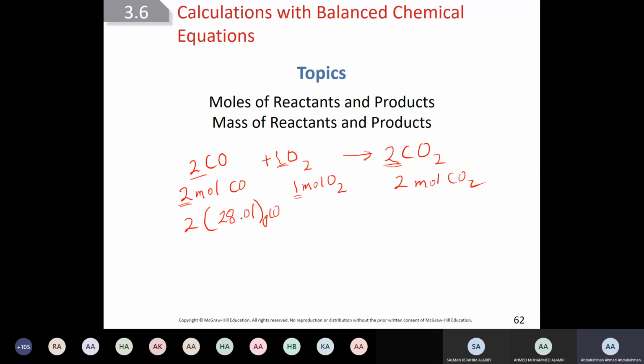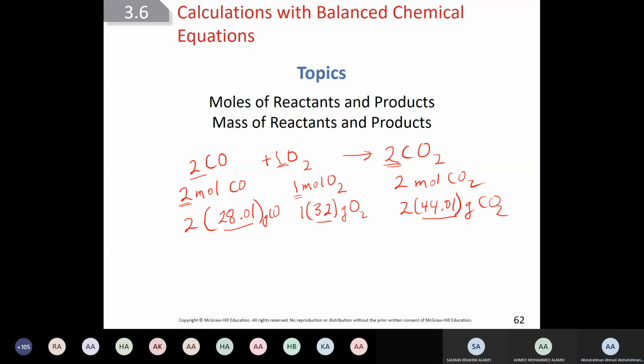And this one, 32 gram O2, and this one 2 times 44.01 gram CO2. Is this clear? From where did I get these numbers? Periodic table. This is the molar mass from the periodic table.